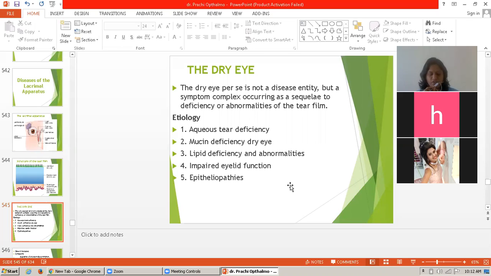Acute inflammation causes cellulitis of the sac and surrounding structures and lacrimal abscess formation.